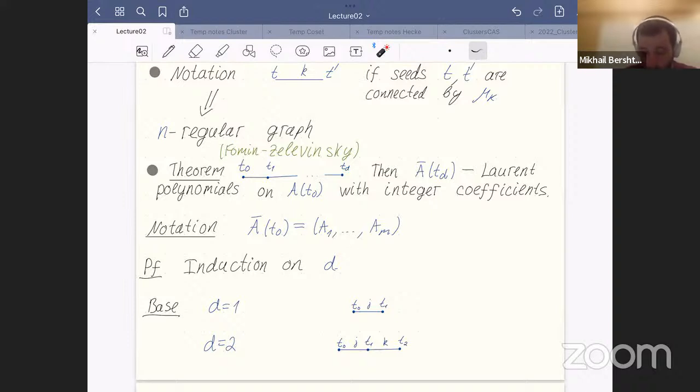Okay, now we're going to prove it. I will use notation: I denote the variables on the initial seed by A1, ..., An. And the proof will be performed by induction on d. For the base, we have to check d equal to 1. For d equal to 1, we have T0 mutated in some vertex, say g.